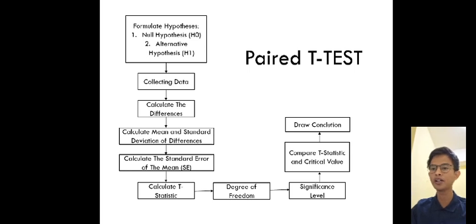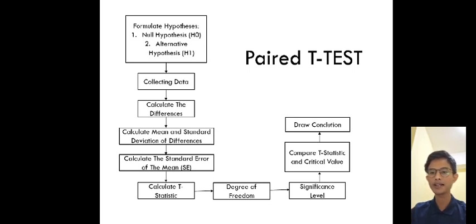Later I will also explain the formula, and then calculate the t-statistic. The next step is degrees of freedom, which is equal to the number of pairs minus 1, or the formula is df equals n minus 1.